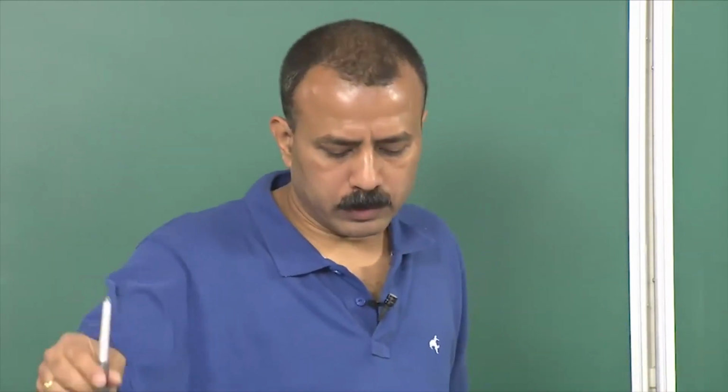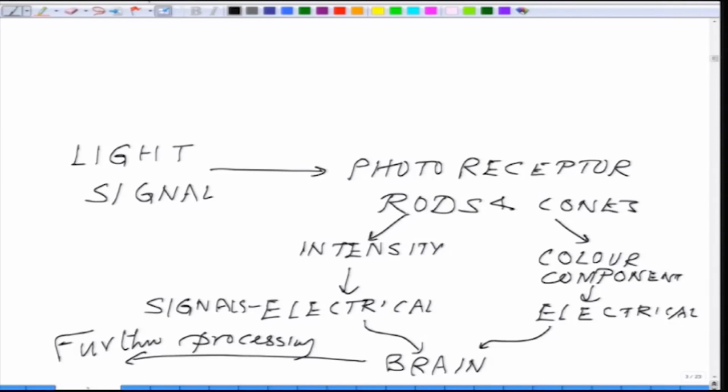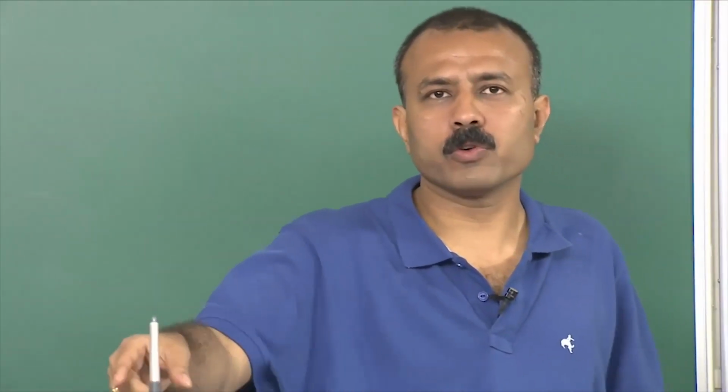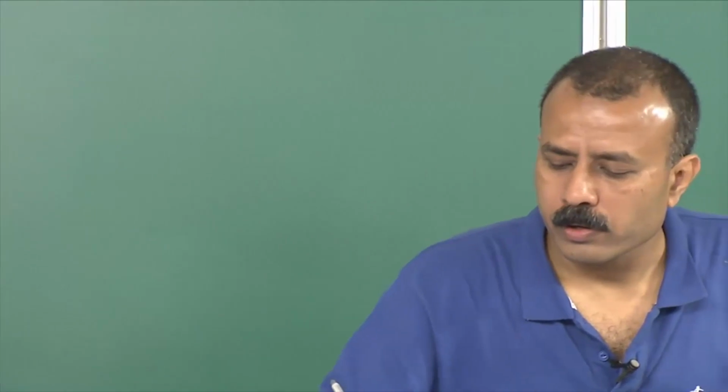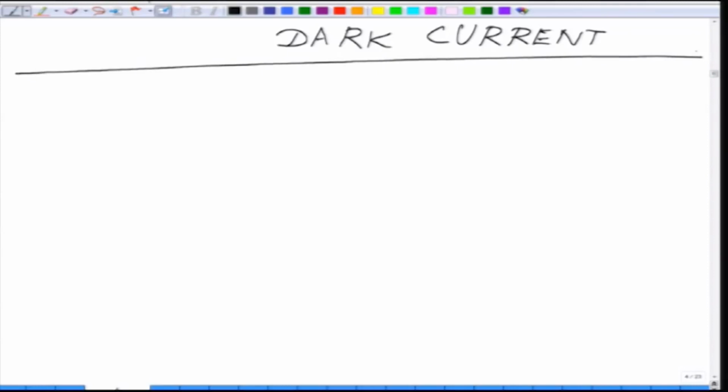Okay. So, coming back to the structure, how are these electrical signals received? It is very interesting that on the photoreceptor there is one term which I am going to introduce now, called dark currents. So, what does dark current mean?